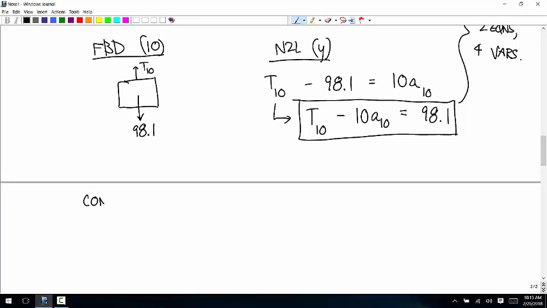We can still use the same constraint equation. We're assuming that this doesn't stretch, and so we'll still say that A20 is negative A10.